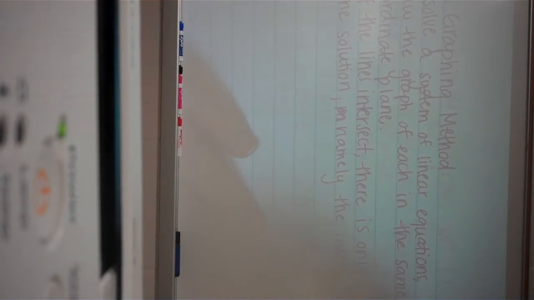So here, you're going to give me the point, the x and y coordinate, in which those two lines crossed. Okay? So if they intersect, there is one solution, and it's the one point at which they crossed. Now, number 2, if the lines are parallel, there is no solution.